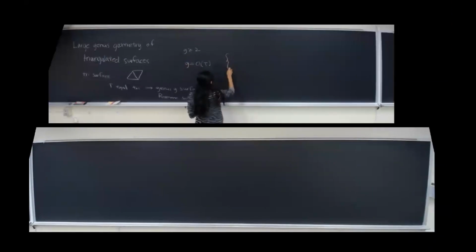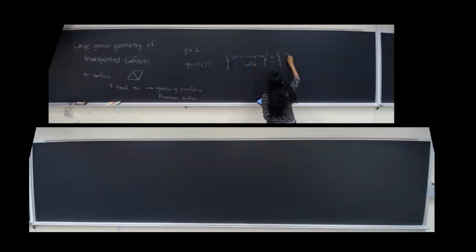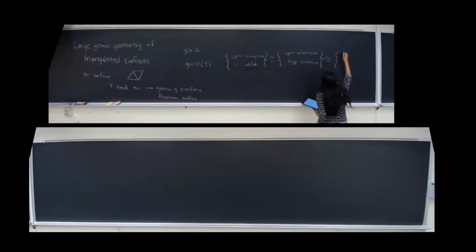Since we're talking about these Riemann surfaces of genus at least 2, we have the following equivalence. On one hand, we have compact complex one-manifolds, and we also have compact oriented hyperbolic surfaces, and smooth projective algebraic curves.